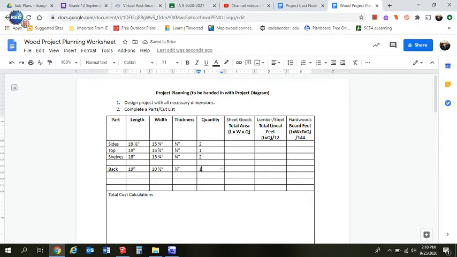Now, the reason why I skipped a line is because it's important that we know the costs of the material. And 3/4 inch material typically has a different cost than 1/4 inch material. For this, we usually end up using 3/4 inch birch plywood, which is in the cost list that I provided to you.